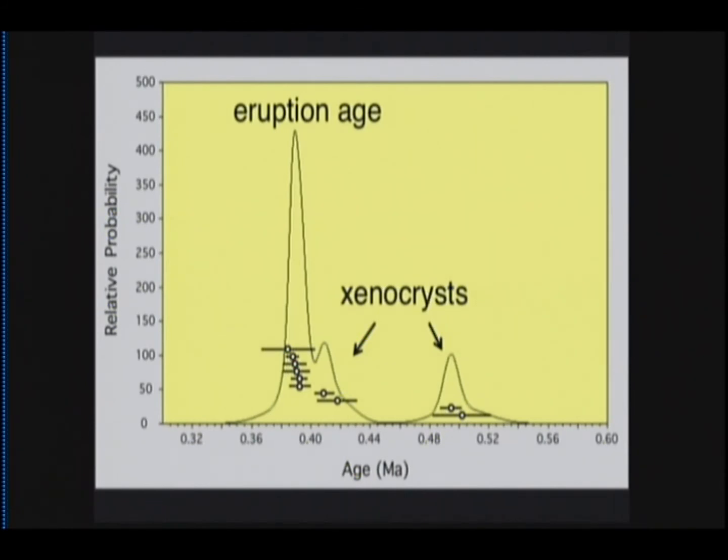And I should mention that the way that this sort of probability diagram is constructed is to take each of these analyses and assume that the uncertainty in the age represented by these error bars is distributed in a normal Gaussian distribution.